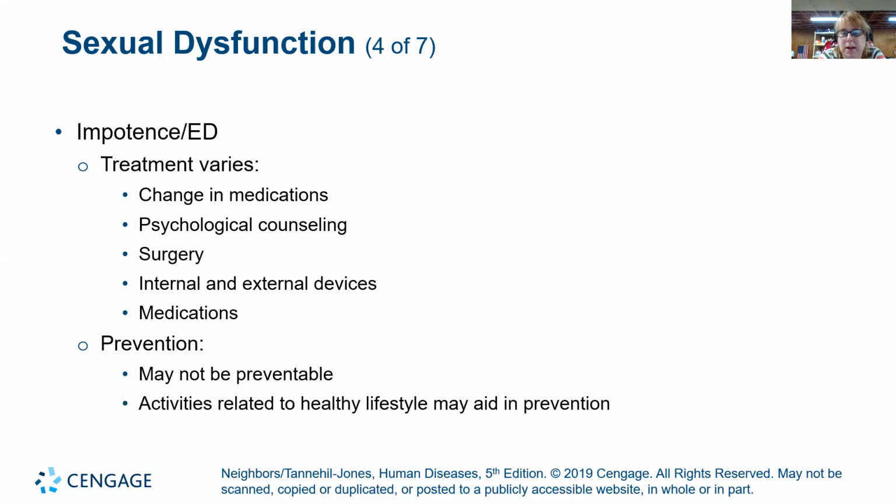A lot of times they will give psychological counseling. They will change the medication. If it's a physical problem, they can do surgery. They can have internal and external devices which can help in this area. And of course, the big thing is the little purple pill, the medications.